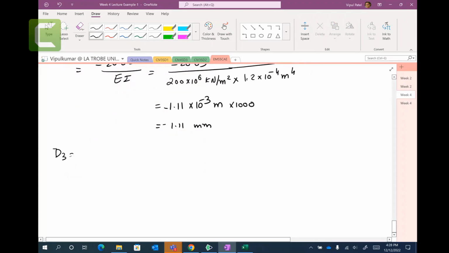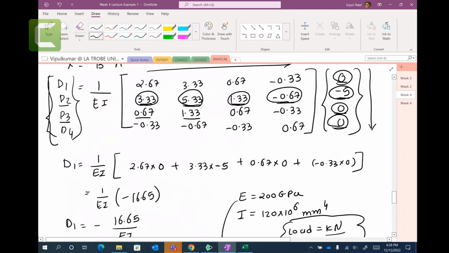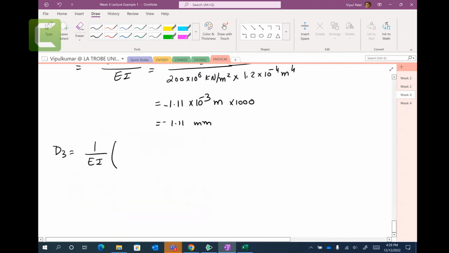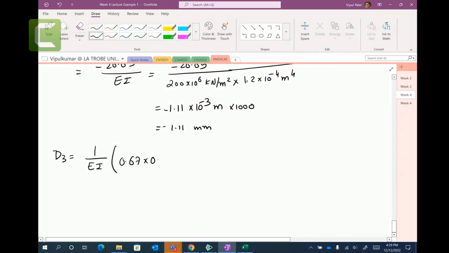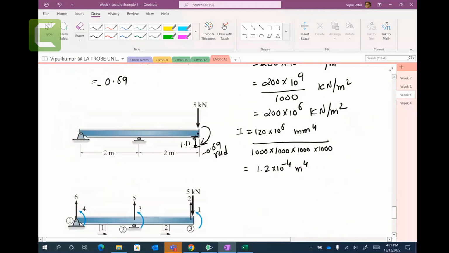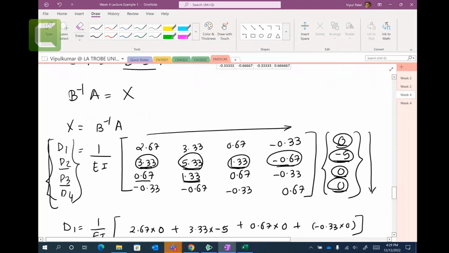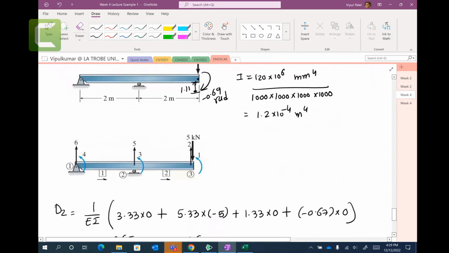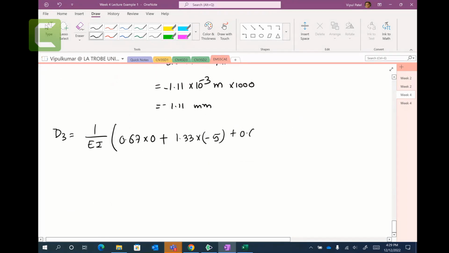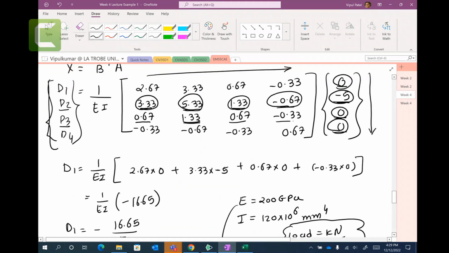So D3 is 1 over EI times 0.67 times 0 plus this third row, 1.33 times minus 5, plus 0.67 times 0, and minus 0.33 times 0.